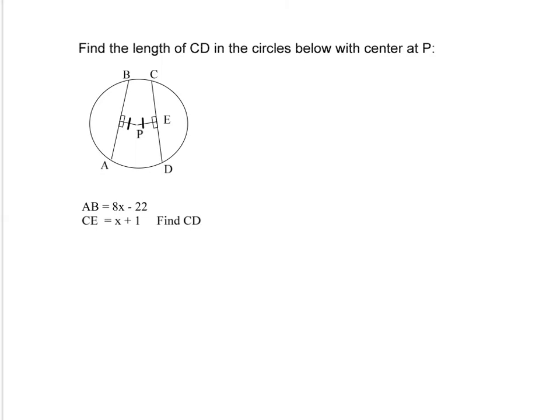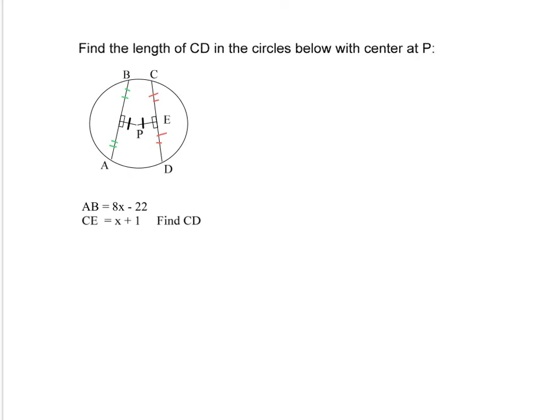Also, because we're drawing from the center to the chord perpendicular, I now know that this is congruent to this. I also know that this is congruent to this. And in fact, all those halves are equal because the two chords are the same distance away, which means they are the same length. And our division property says the halves of the same things are equal.